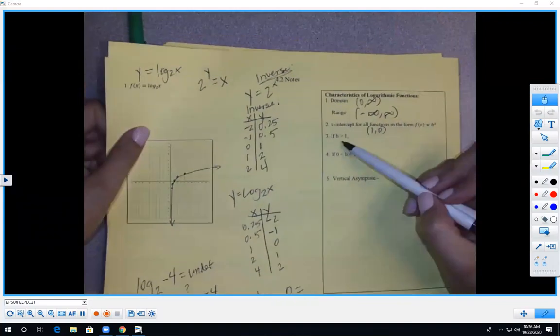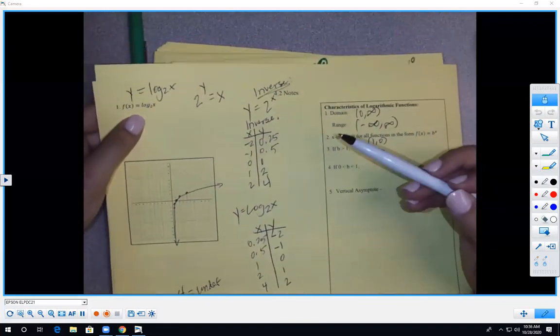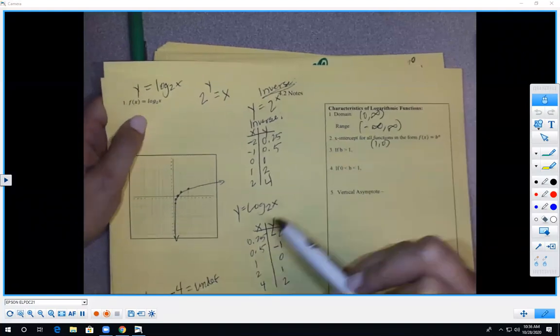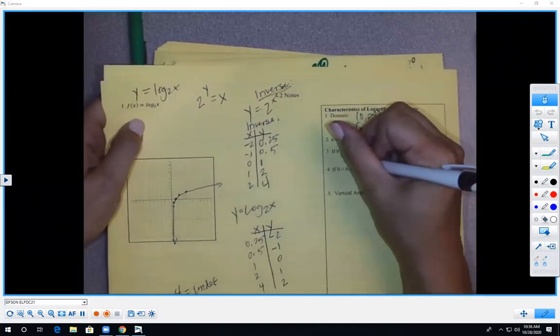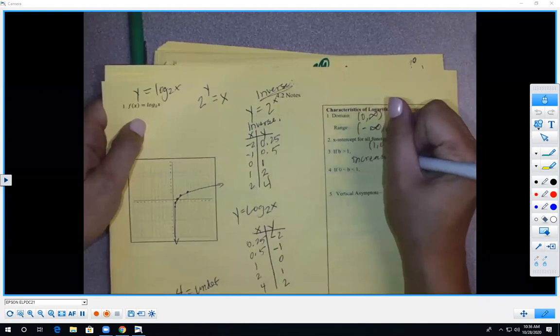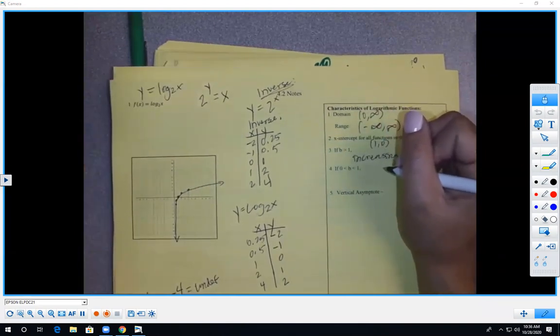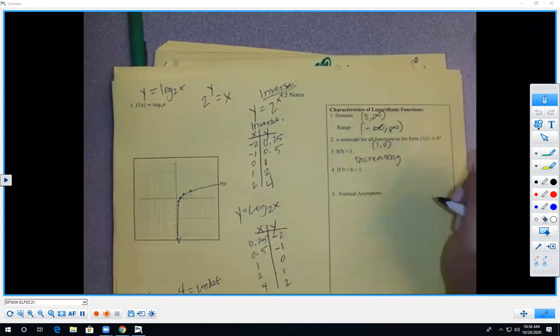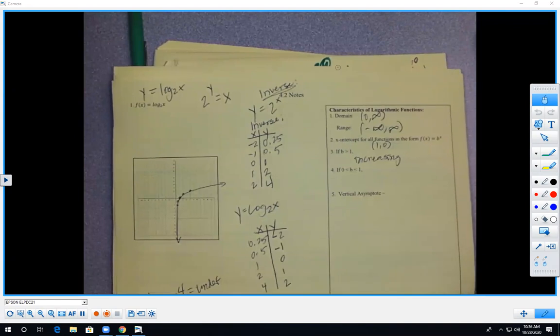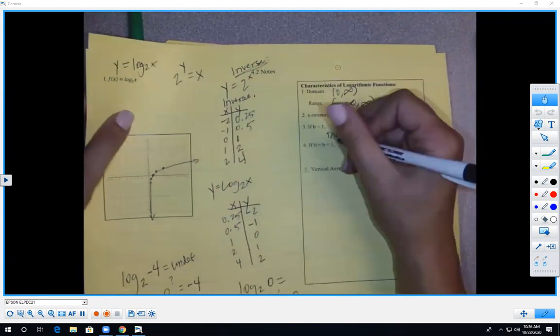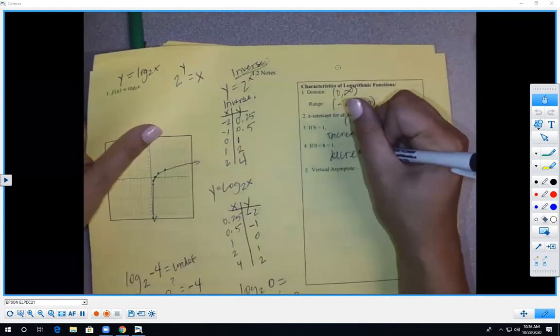Okay. If my base, in this case my base was 2, if it's greater than 1, this graph is increasing. If my base is in between 0 and 1, if it is a fraction, 1/2, 1/3, 1/4, 1/5, it would be a decreasing log function.